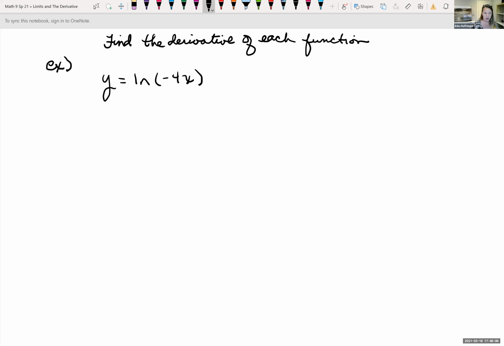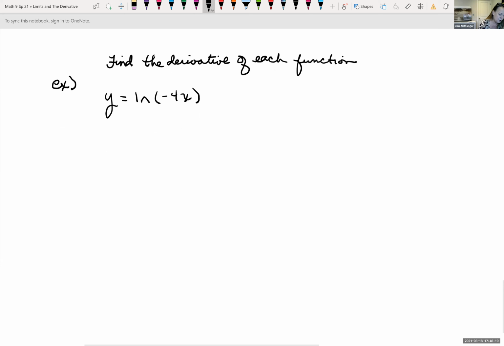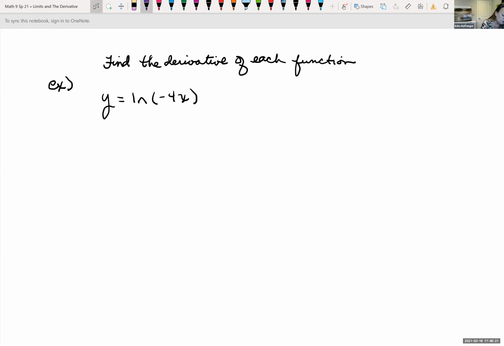Our first example is y is equal to the natural log of -4x. And so I know that this is base e, and the derivative is 1 over whatever we're taking the natural log of, which in this case is -4x, times the derivative of the inner.